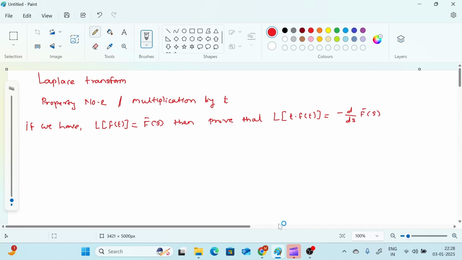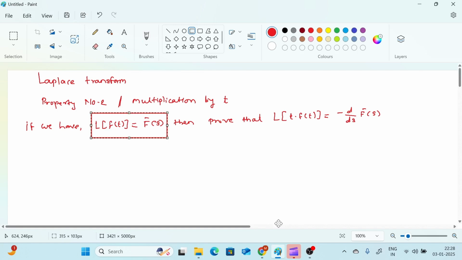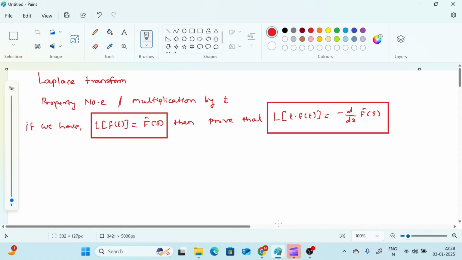So what have we been given? We have been given Laplace f of t is equal to a bar of s, and we have to prove Laplace of t into f of t is equal to minus d by ds a bar of s. So now be careful, please give attention here. How are we going to discover this answer?